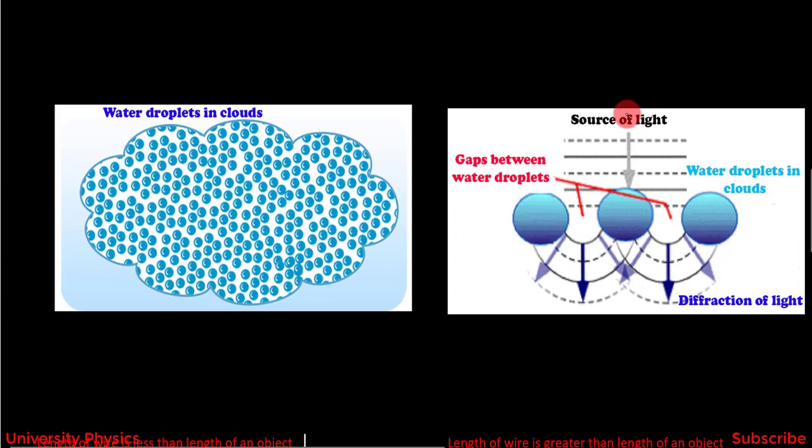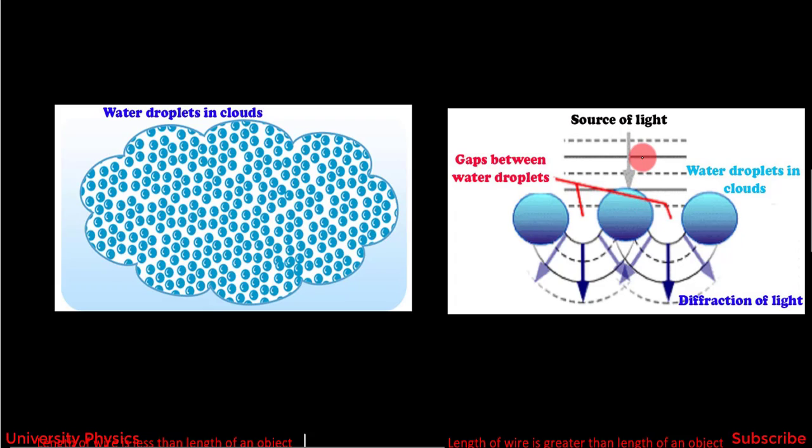When the light comes from the source of light, after passing through the corner of this droplet, the light rays bend toward its shadow as shown in this figure.